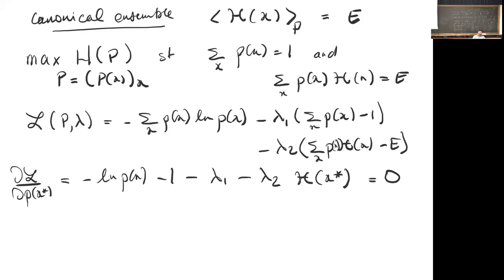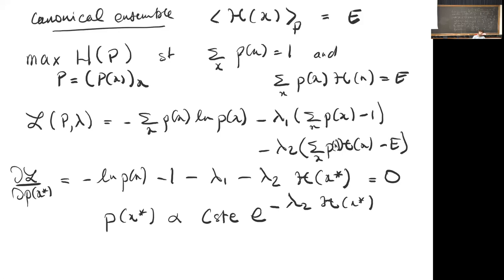So I isolate my log px, and what do I obtain? It's proportional to a constant times exponential of minus lambda 2 h of x star. Now, by fixing properly the value of my lambda 1, I verify the first constraint.